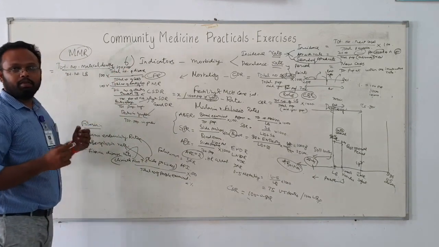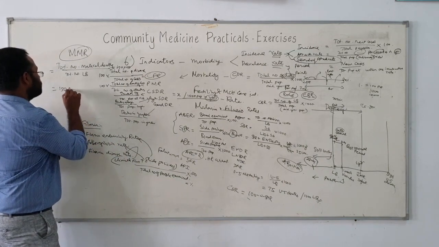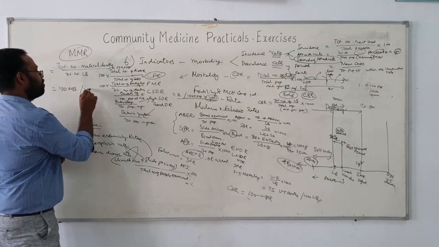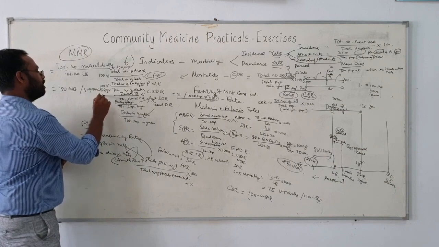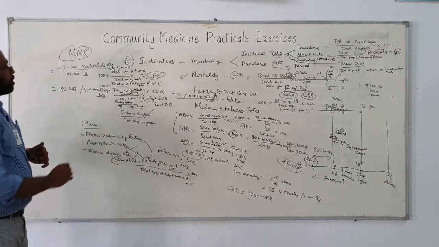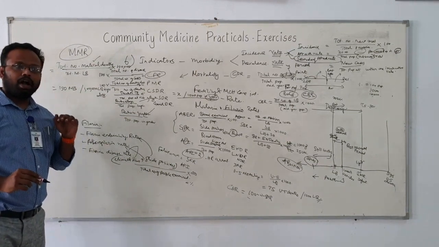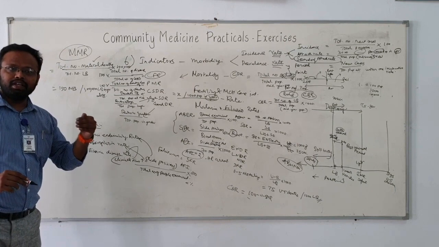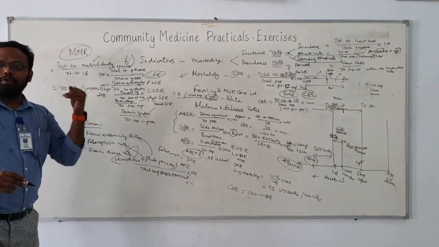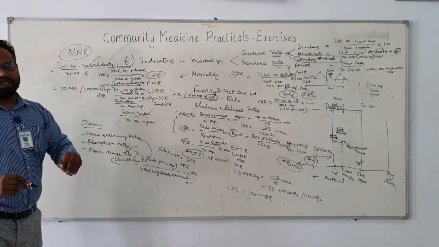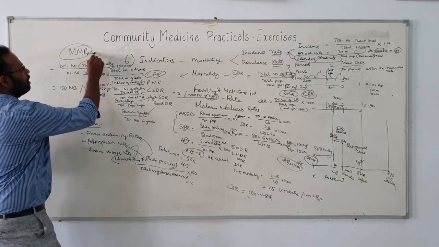So you have to say 150 maternal deaths per 1 lakh live births in the year 2018, like the government. What is maternal death here? Any death which has arisen due to the complications of pregnancy, delivery, and postpartum period within 42 days is defined as maternal death. This is called the maternal mortality ratio.